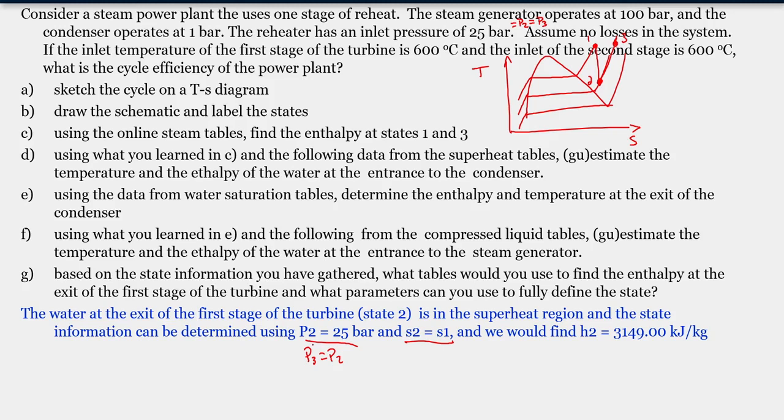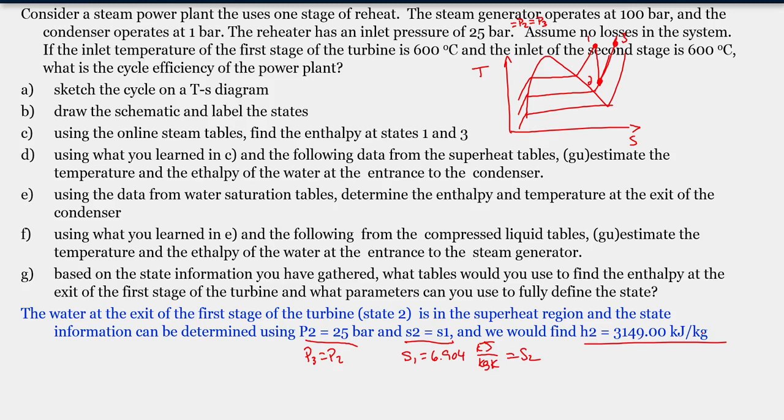So we would go look up in our steam tables, or if we had more extensive online calculators, steam tables online, we would find that for a pressure of 25 bar and an entropy that was given at state 1, S1 equals 6.904 kilojoules per kilogram Kelvin, which equals S2, we would come up with an enthalpy of 3,149 kilojoules per kilogram.